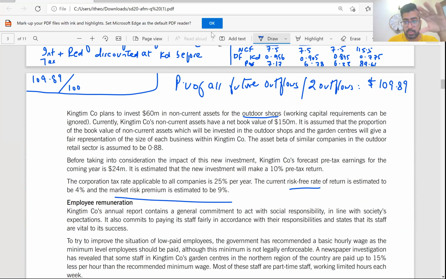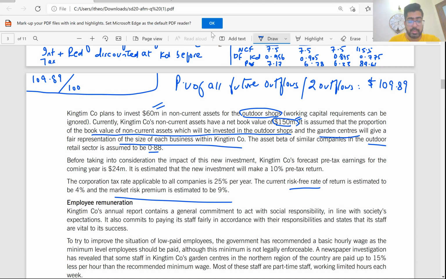Currently, non-current assets of the existing garden center have 150 million value. It is assumed that the proportion of book value of non-current assets invested in outdoor shops and garden centers will give a fair representation of the size of each unit. Whatever non-current assets are in each unit, outdoor and garden, they represent the size of each unit. So outdoor is worth 60 million and garden is worth 150 million. And asset beta of similar companies in outdoor is 0.88.